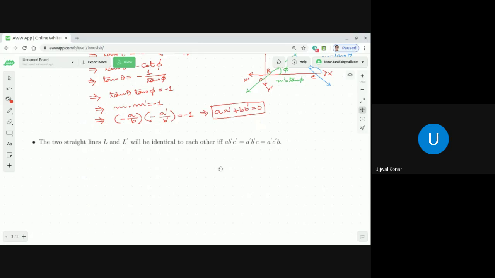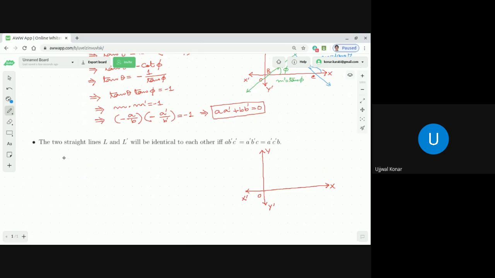So dear students, let me draw the coordinate axes first. This is x dash, this is y dash. Please assume that these two axes are perpendicular to each other. According to my drawing it does not exactly look like that, but it is quite obvious that they are perpendicular, a Cartesian coordinate system. Now identical means what?